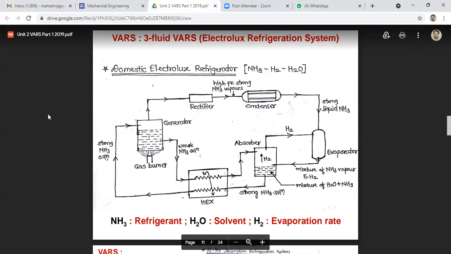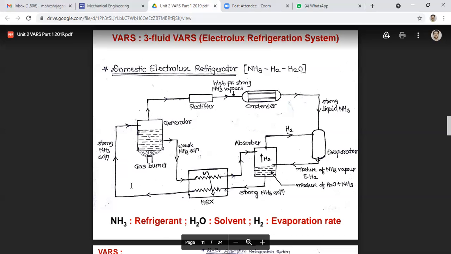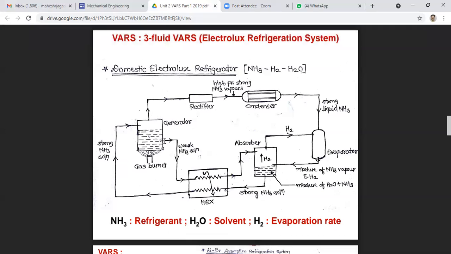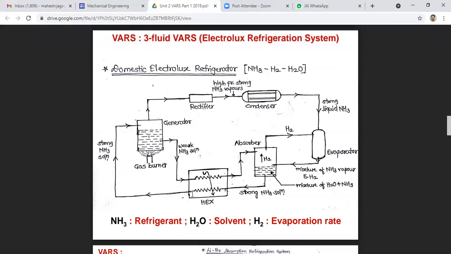The strong ammonia solution from the absorber is supplied through the heat exchanger and heated in the generator. So the strong ammonia solution we supply to the generator from the heat exchanger.